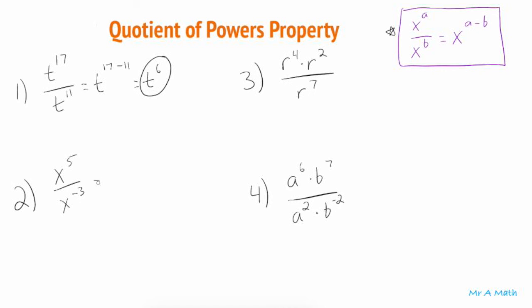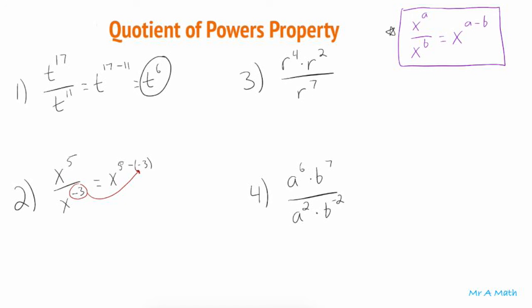Okay, and number 2, we can see here that this is going to be x to the 5th minus negative 3rd power. Right? We want to make sure that we are very careful here if I have a negative exponent, because this negative exponent is going to affect this number.